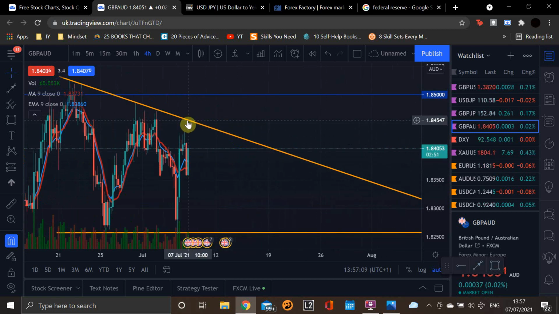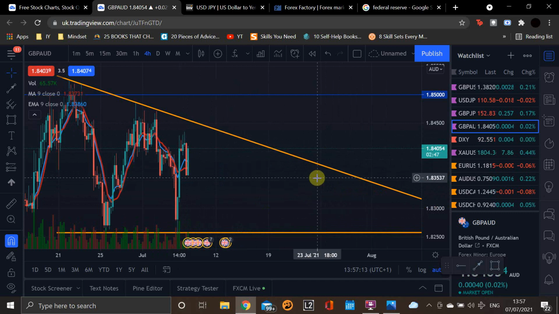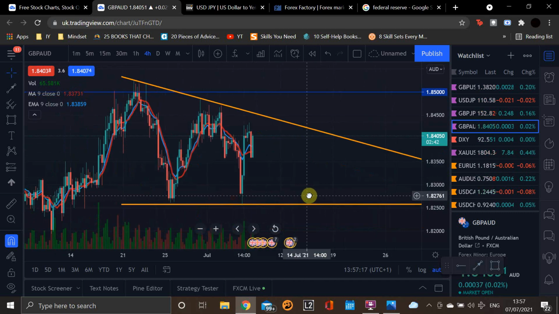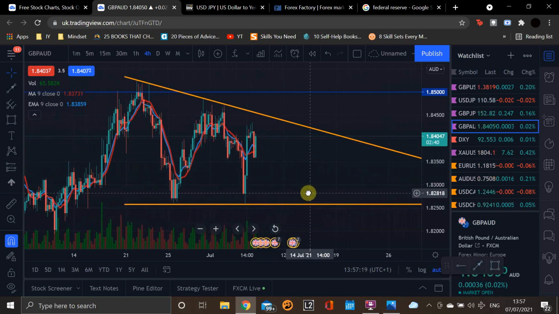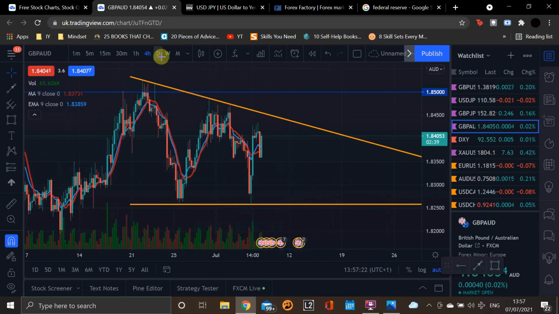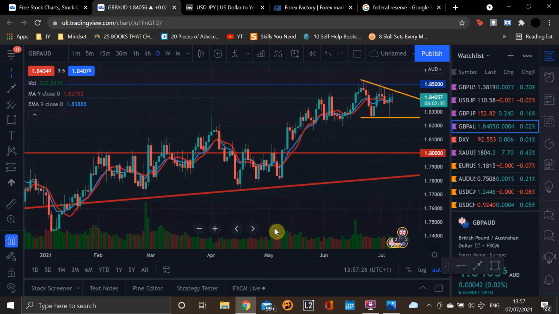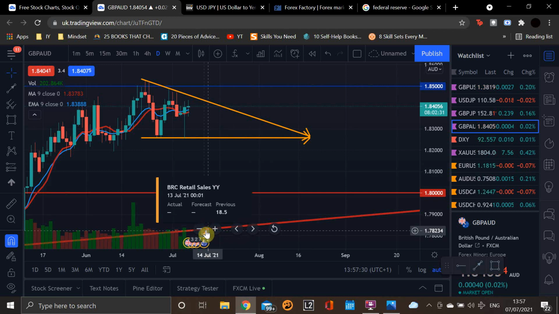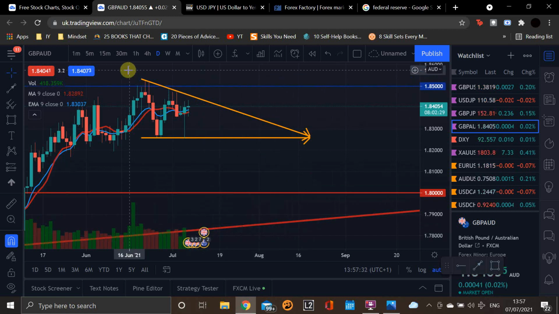Sometimes it's bouncing off this trend line and we think it's a descending triangle, but then it just breaks out, you know. Got important levels there.